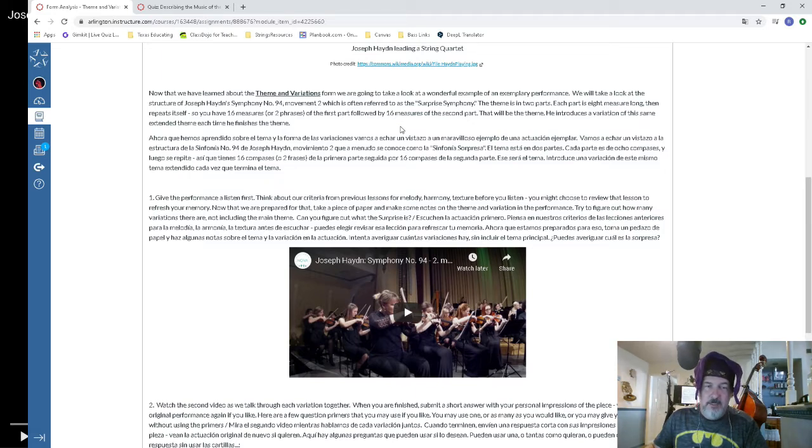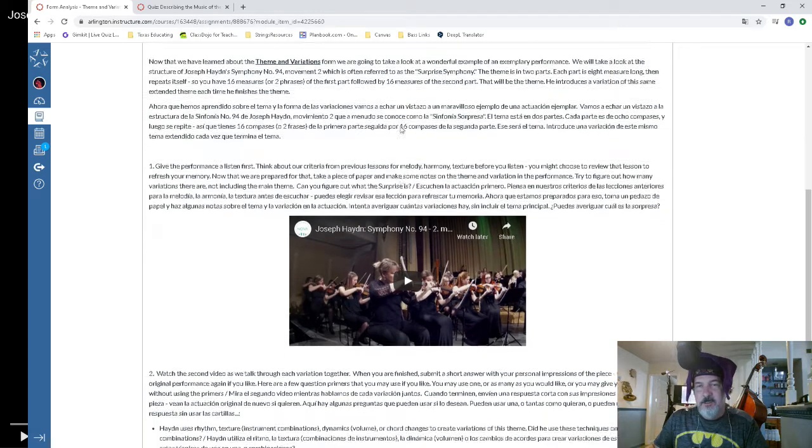So you have 16 measures or 2 phrases of the first part, followed by 16 measures, again 2 phrases of the second part. That will be the theme. He introduces a variation of the same extended theme each time he finishes it. So we're going to pause at each variation and talk about what we expect to hear.